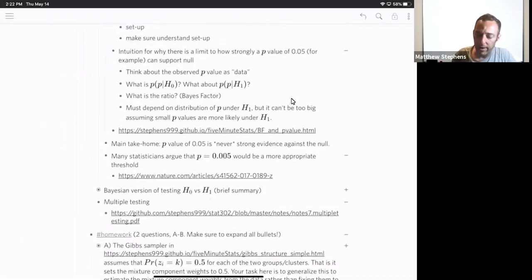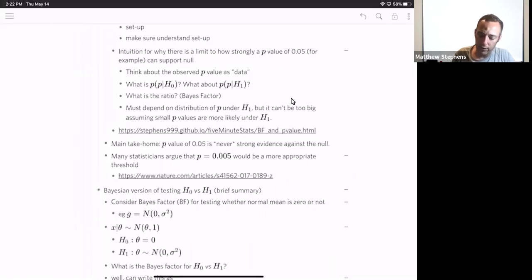In fact, many statisticians think that the routine use of 0.05 is a problem and causes a lot of false positives. One paper has simply argued that everyone should be using a p-value threshold 10 times smaller, which wouldn't solve the problem in every case, but arguably at least it would sometimes constitute strong evidence against the null.